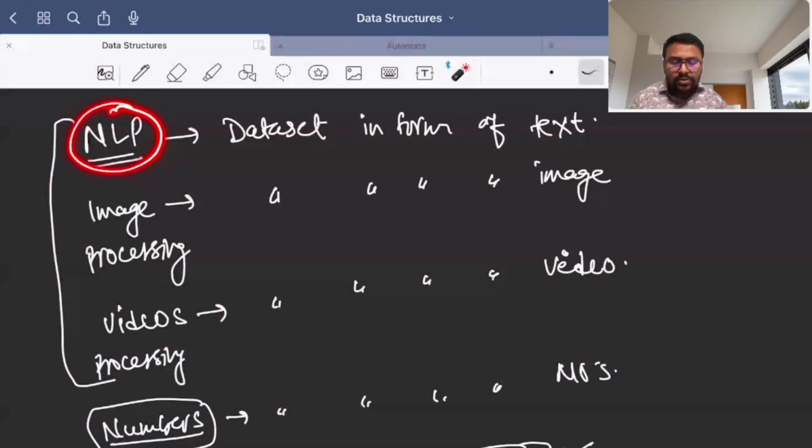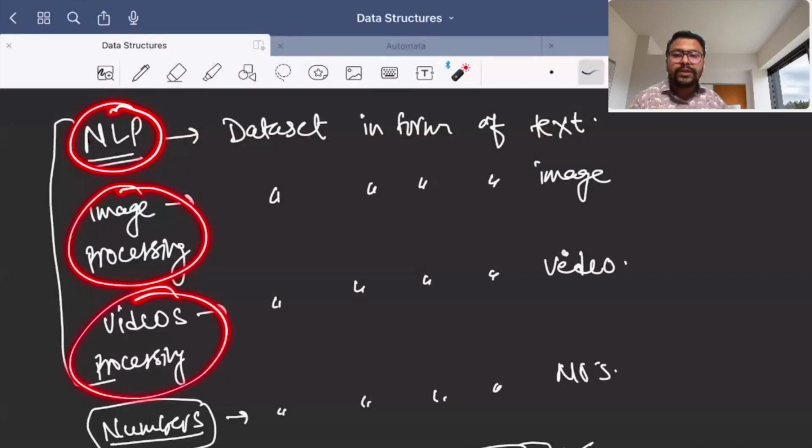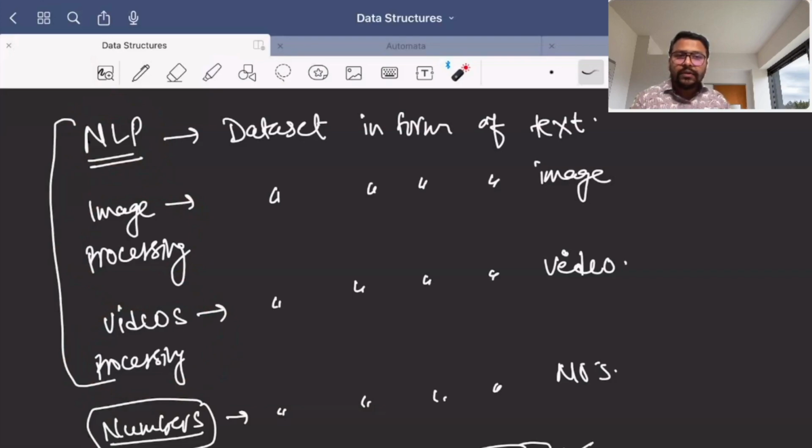Image processing is not directly applying machine learning models, nor is video processing or speech data. We cannot apply machine learning models directly. First, we need to convert our data set into numbers so that we can apply mathematical models. I believe this point is clear to everyone.